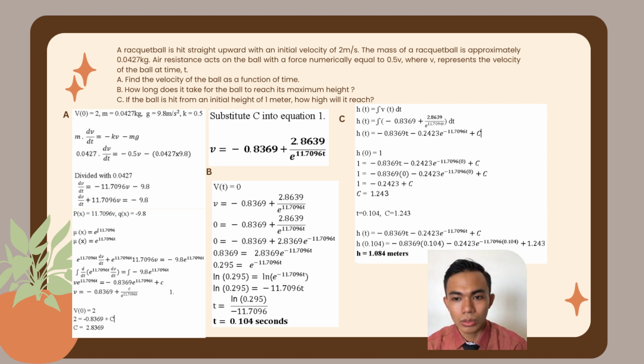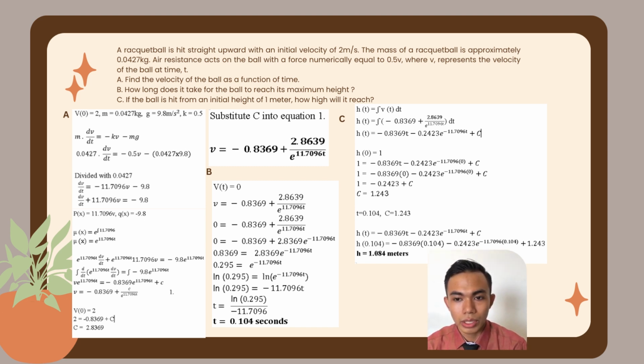v equal to negative 0.839 plus 2.8639 times e to the power of negative 11.7096 t. The second problem is how long does it take for the ball to reach the maximum height.